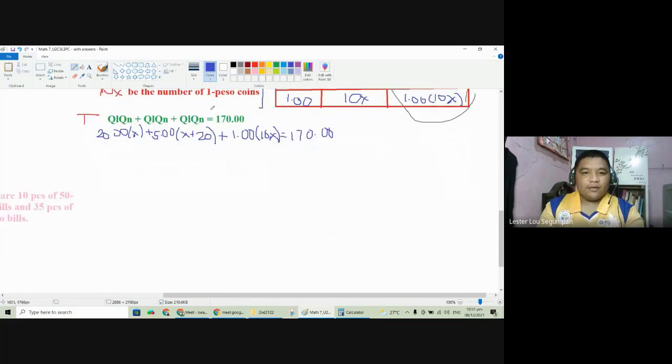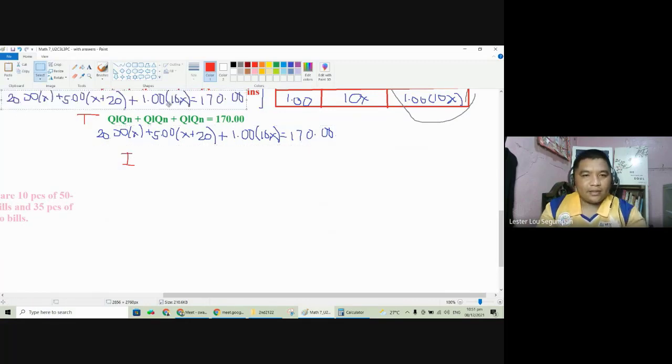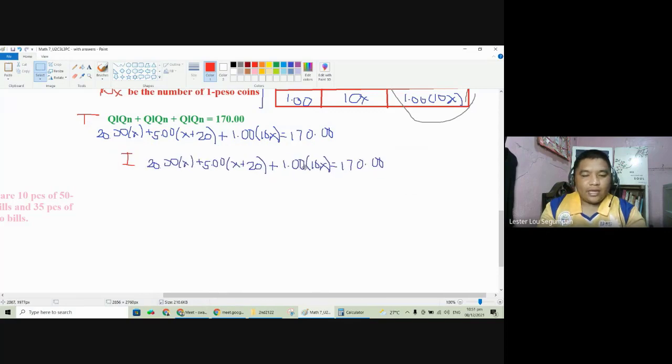Let's start the implementation here. Let me just copy this first so that I can manipulate it and not destroy the translation. So I could have here 20x, distribute, plus 5x. 5 times 20 is 100, plus 10x equals 170 pesos.